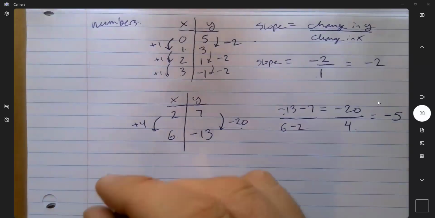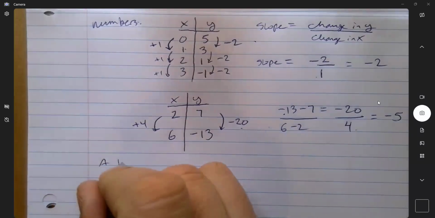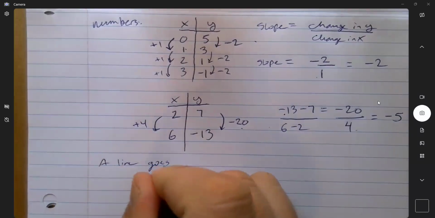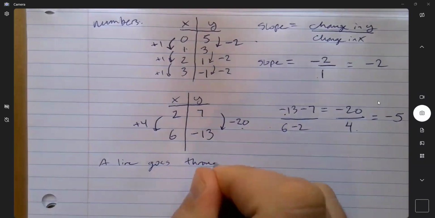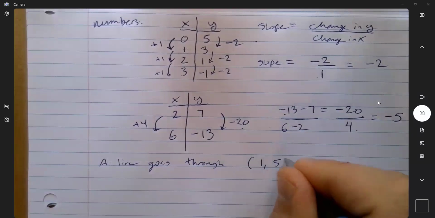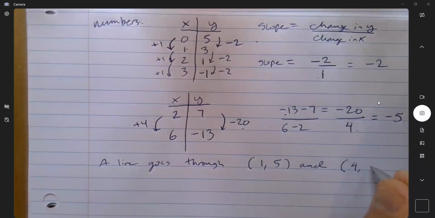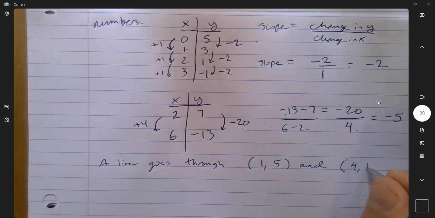And this idea leads us to the coordinate points. A line goes through the points (1, 5) and (4, 12).